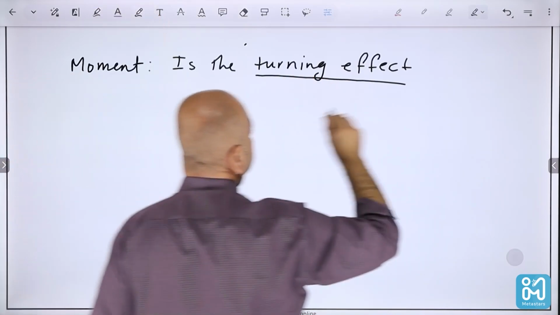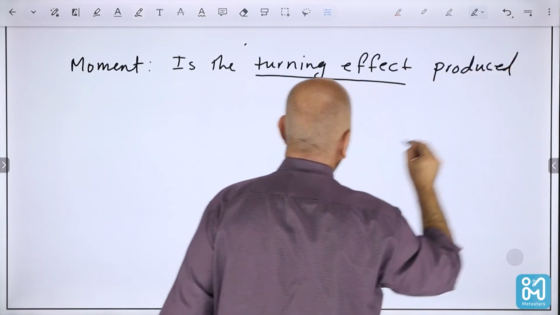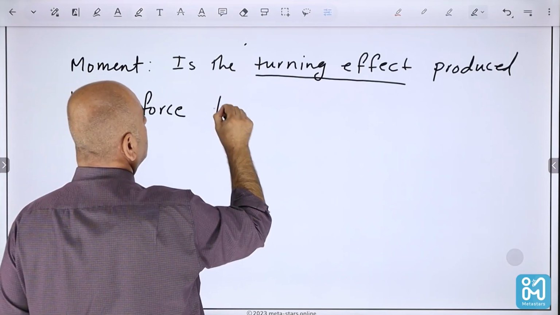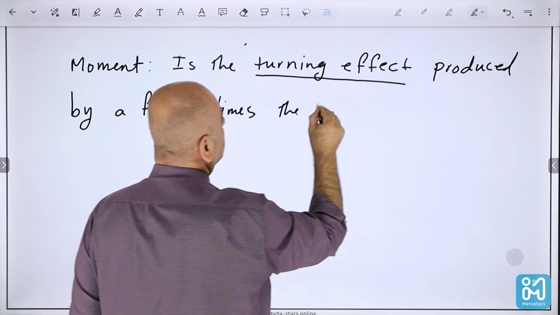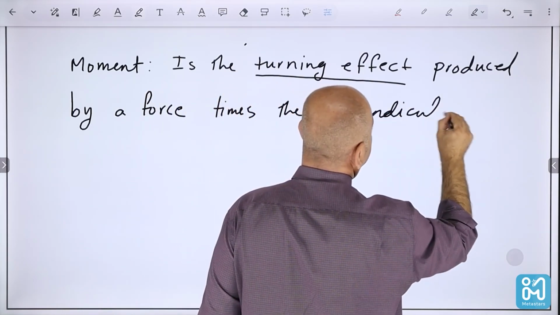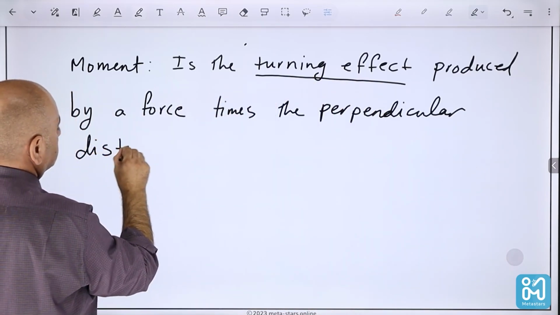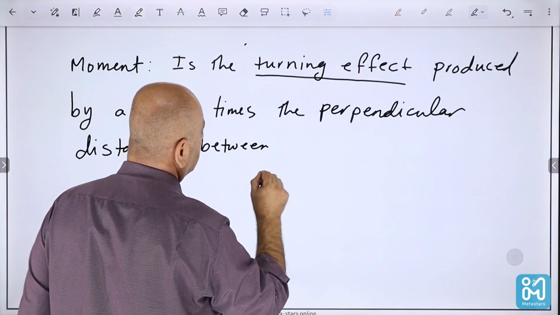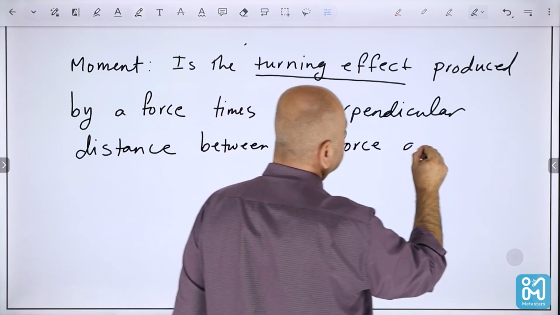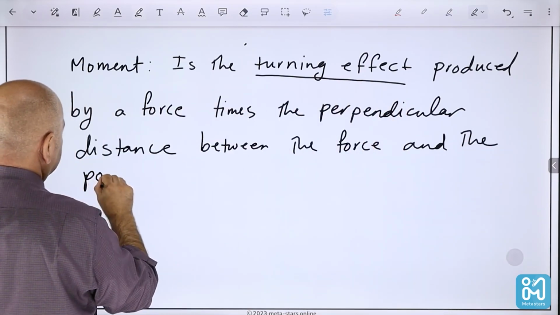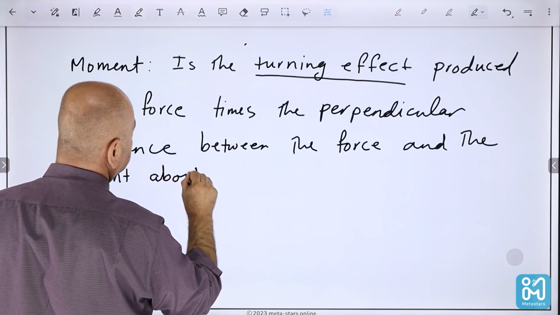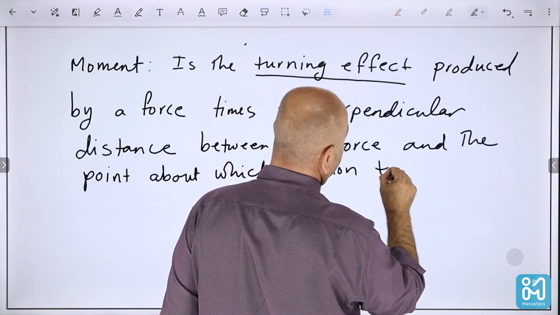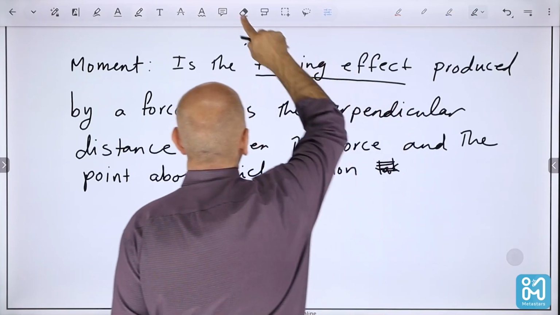The turning effect produced by a force times the perpendicular distance between the force and the point about which rotation occurs.